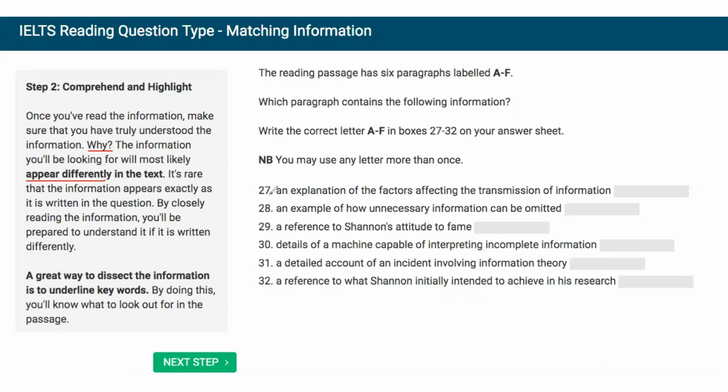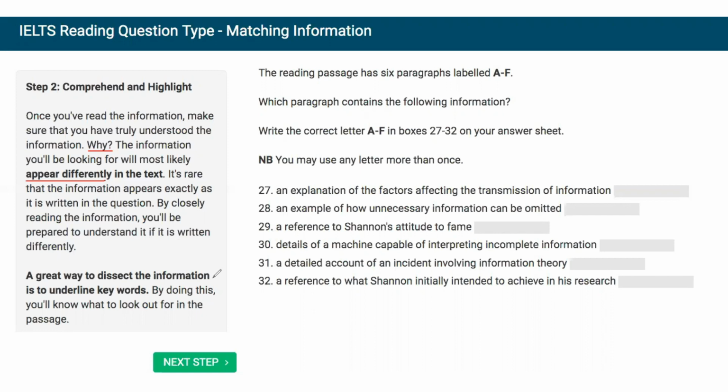You're going to see paraphrased information in the text. Because if this information was included word for word in the text, it would be far too easy. So we're going to closely read this information and understand, dissect, underline, and think of potential ways that this information could be included in the passage.